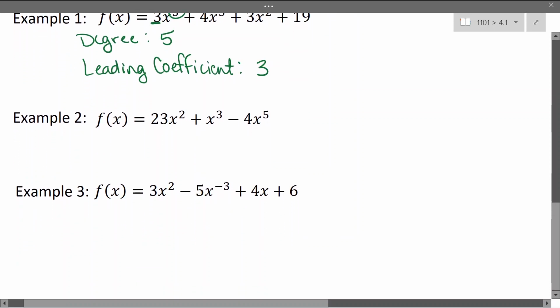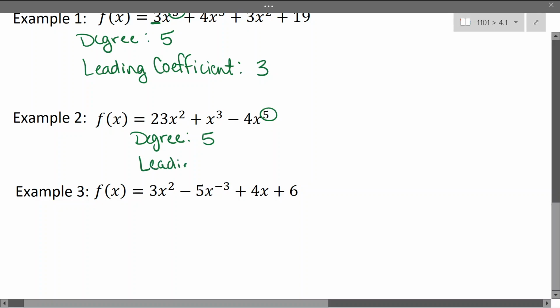In our second example, we have f of x equals 23x squared plus x cubed minus 4x to the fifth. So let's look for our highest power for our degree. So we have 2, 3, and 5. So again, our degree is 5.